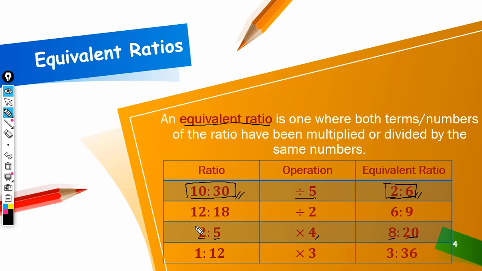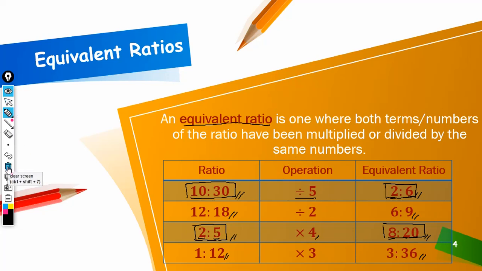So the ratio of 2 to 5 is equivalent to 8 to 20. So they are equivalent ratios. And 12 to 18 is also equivalent to 6 to 9, and 1 to 12 is also equivalent to 3 to 36. They are all equivalent.